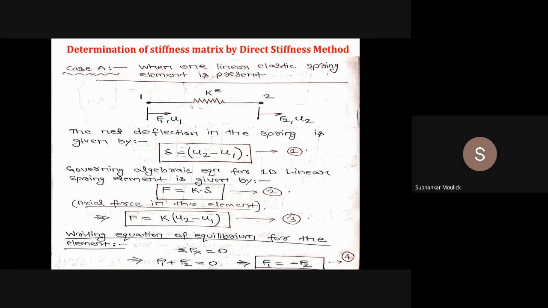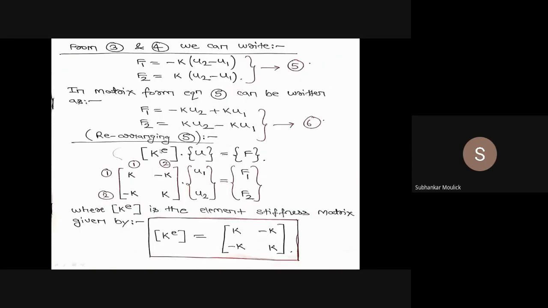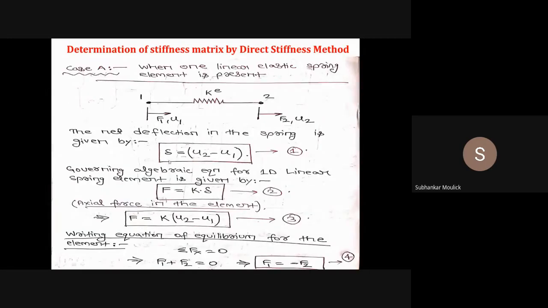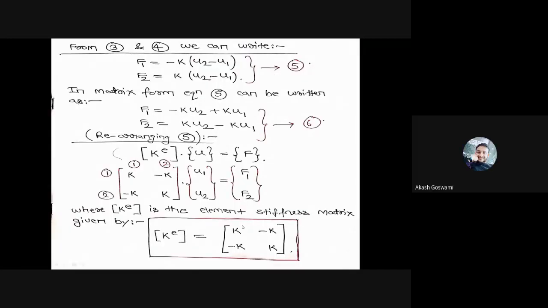Since F2 is greater than F1, at node 1 we know that F1 is minus times of F2. So then the deflection will be what? Deflection will be U1 minus U2 at node 1. Yes or no? That means minus times of U2 minus U1, and it will be U1 minus U2. Yes or no? Yes, sir.